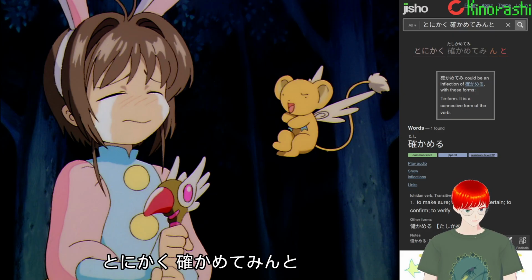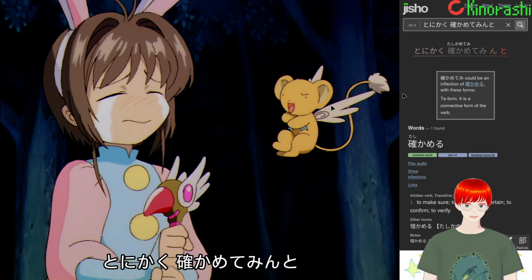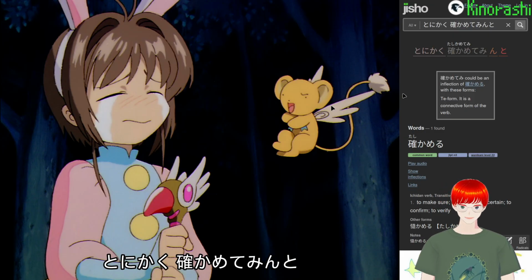So, which is it? The phrase minto in tonikaku tashikamete minto is, okay.